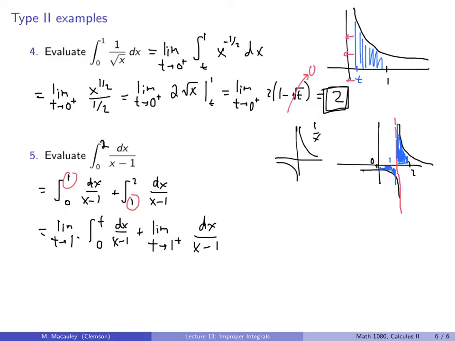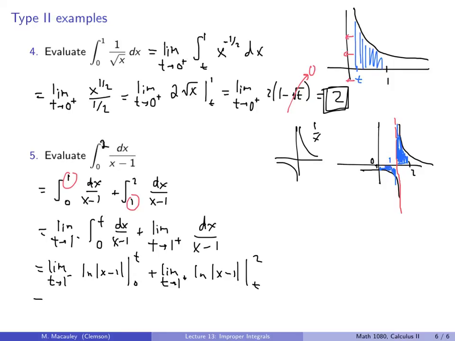So this here is the limit as t goes to 1 from the left of the natural log of the absolute value of x minus 1 evaluated from 0 to t, plus the limit as t goes to 1 from the right of the natural log of the absolute value of x minus 1. Now we're going from t to 2.